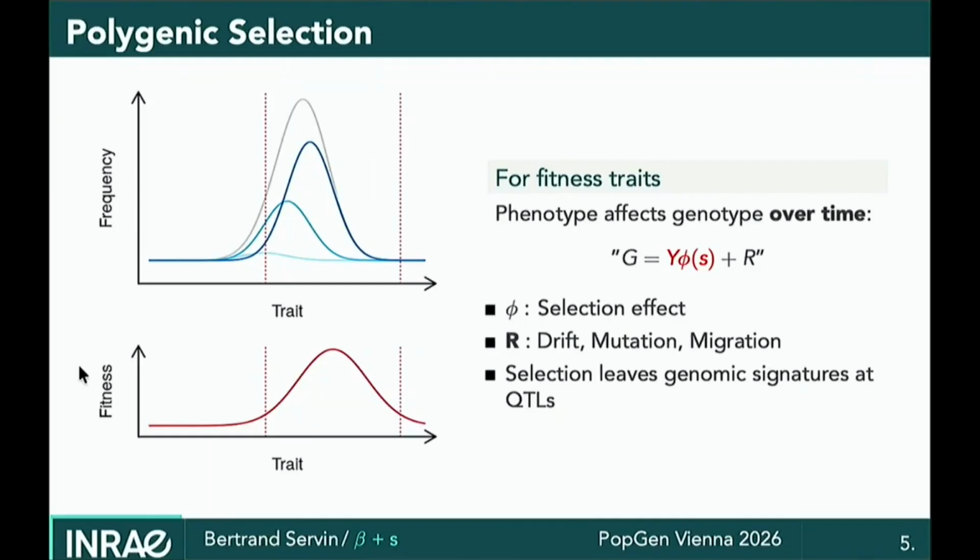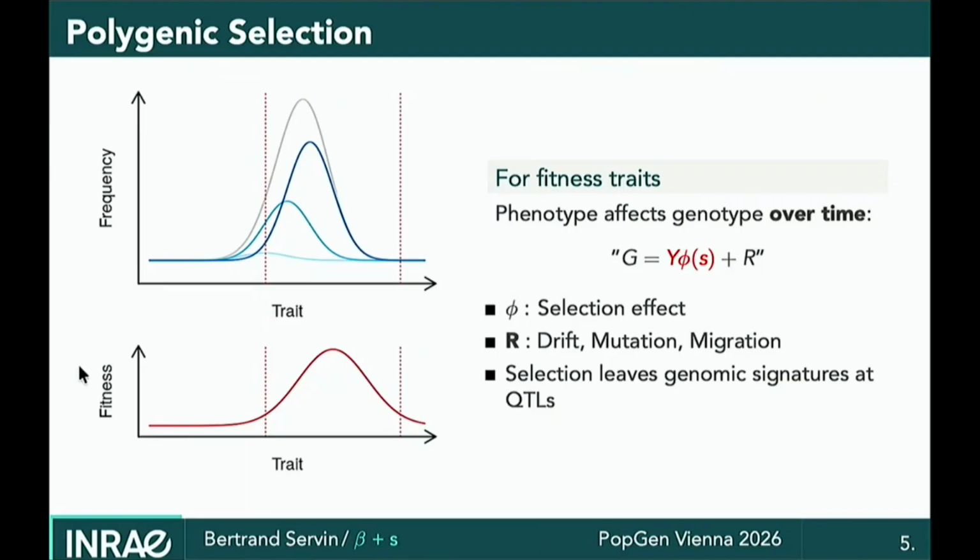But when you do this kind of analysis, you want to account for the fact that there are also other factors than selection that affect your genotype, and that are genetic drift, mutation, migration. So you need a model for the neutral evolution of your genotypes, which can be quite complicated if your population evolves and your individuals mate in complex ways.